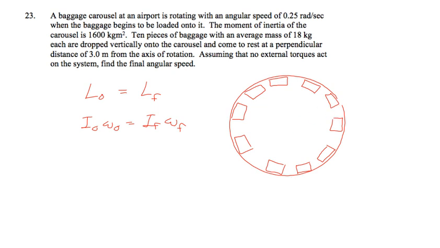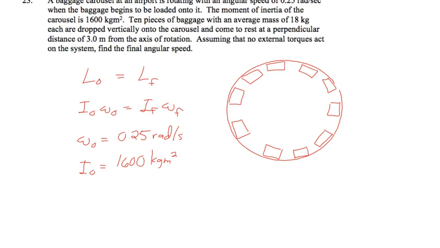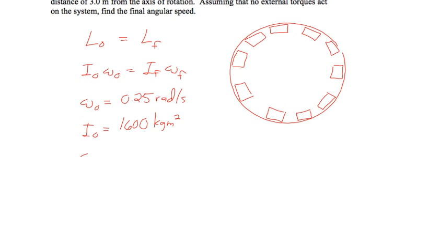So if I list my facts, the original angular velocity is 0.25 radians per second, and the original I is 1,600 kilogram meters squared. That was the empty carousel. And the question is, find the final angular speed. So the final angular speed is the unknown, which would be in radians per second.